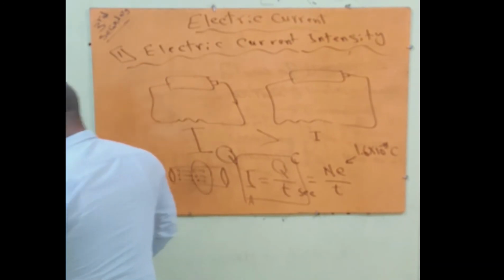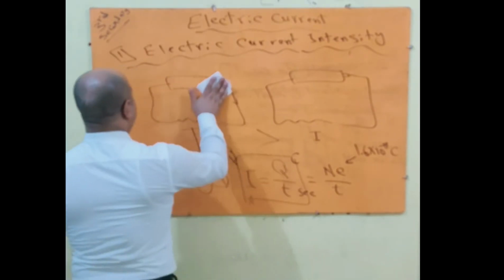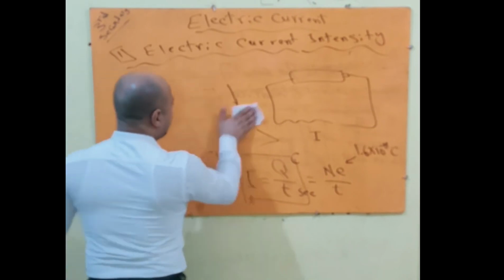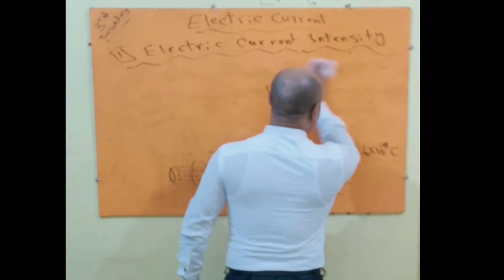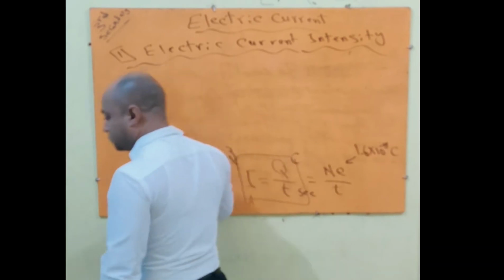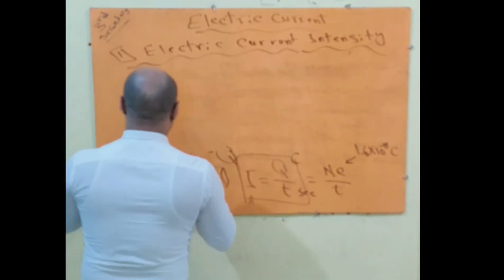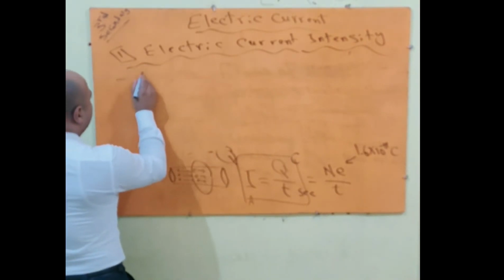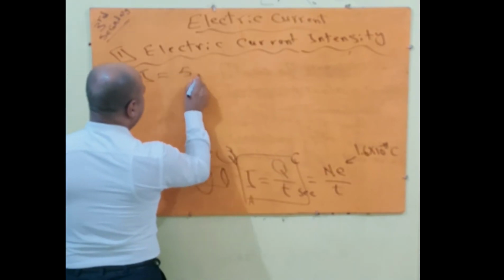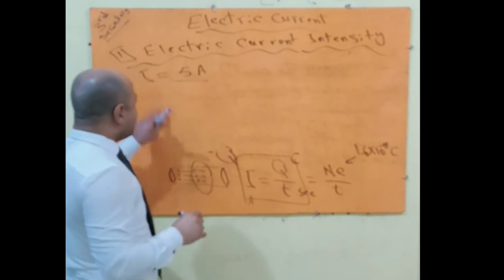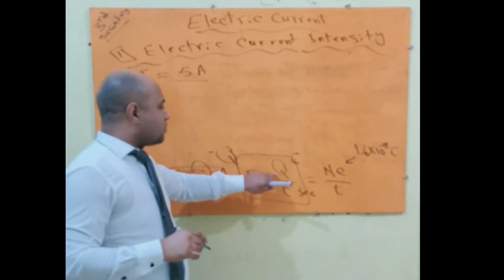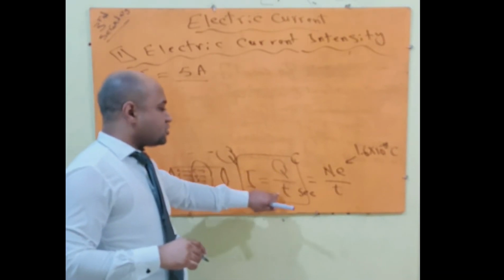What's meant by an electric current intensity equals 5 ampere? We said that electric current intensity equals quantity of charges divided by time.